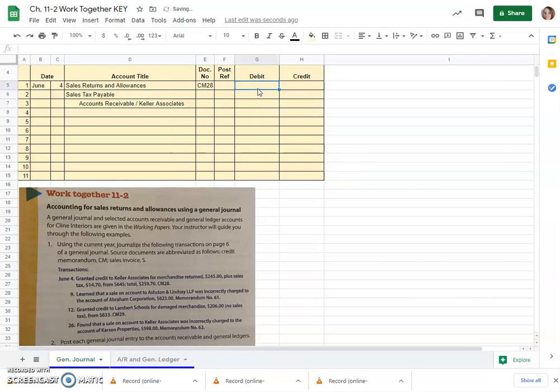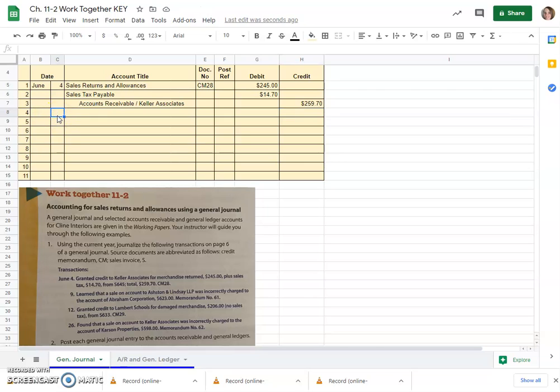And the debit amounts are first $245 to sales returns and allowances, and then the sales tax payable portion is $14.70, and then the accounts receivable is the total of both of those two amounts, $259.70, which matches what they have here, which is good.